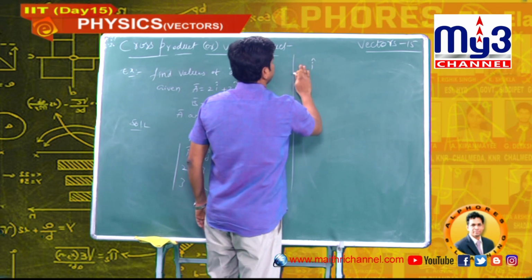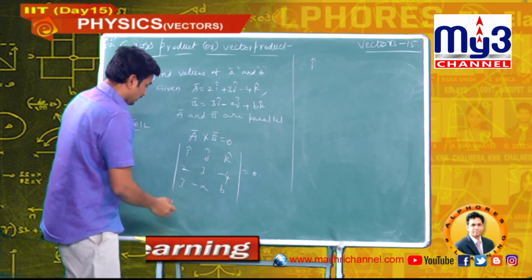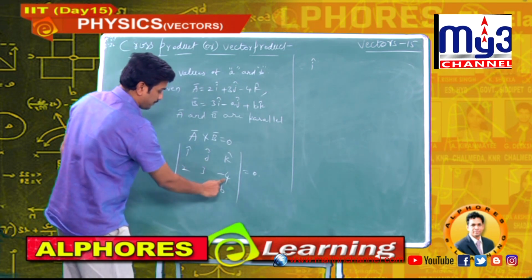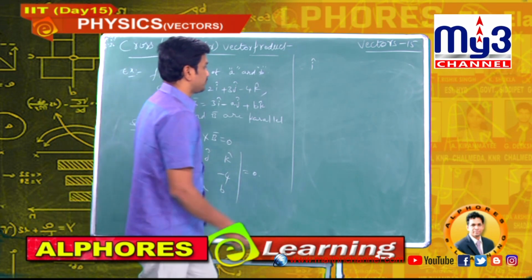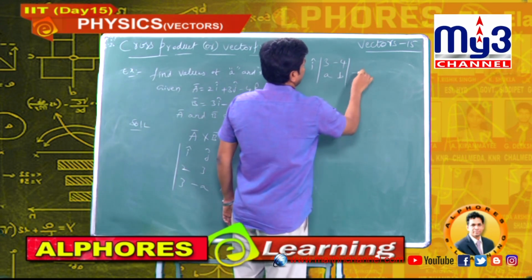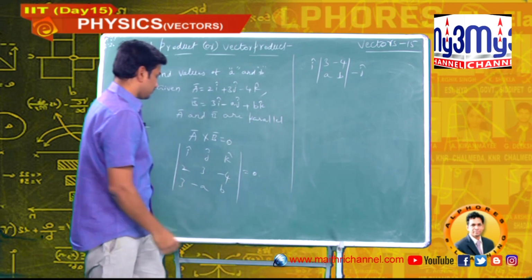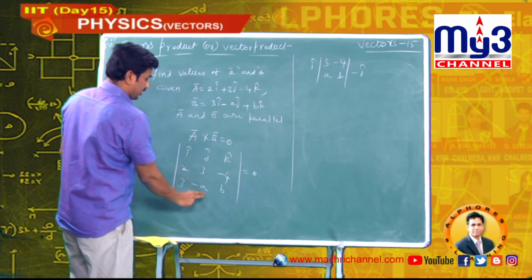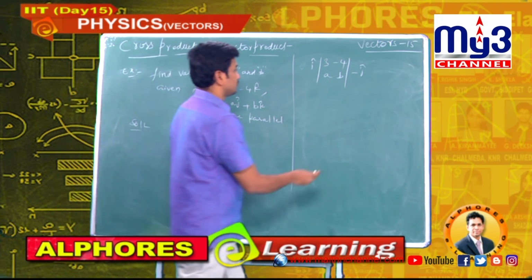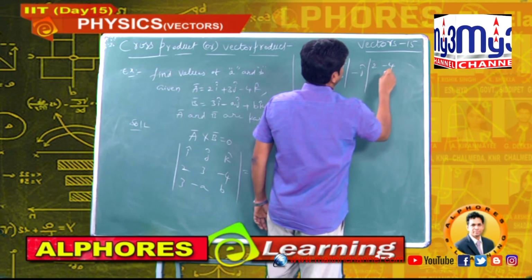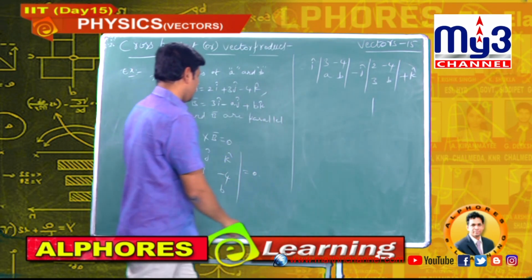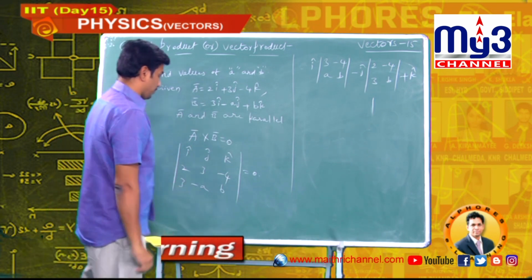i cap, first one, leave this vertical column and horizontal row. i cap times this part: 3 times minus a minus minus 4 times b. Minus j cap, second one: leave this column and row, 2 times minus a minus minus 4 times 3. Plus k cap times 2 times b minus 3 times 3.